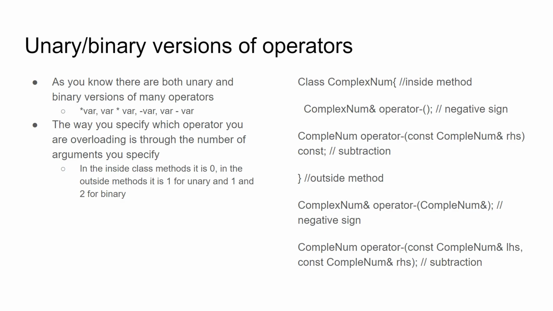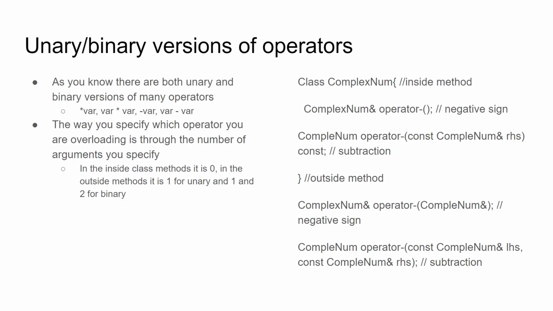Sometimes there are both unary and binary versions of certain operators. For example, you can have star var or var times var, or negative var or var minus var. So you might be curious, how do I specify which version I'm doing? The way that you specify it is by the number of arguments that the operator accepts.